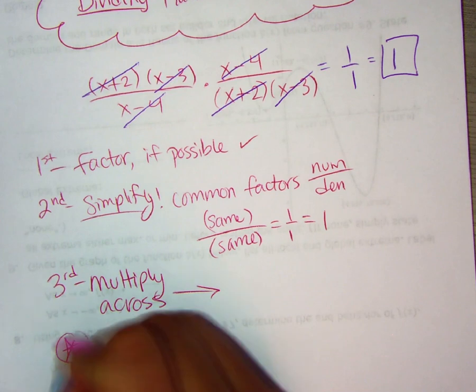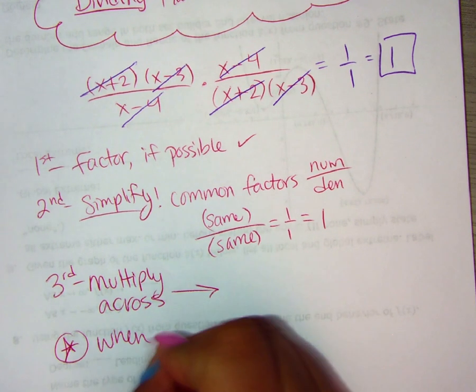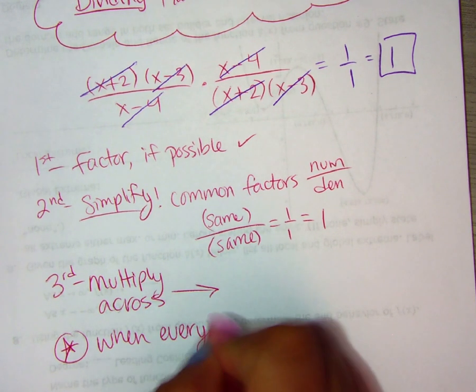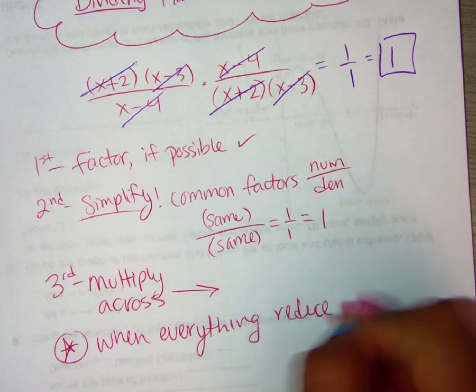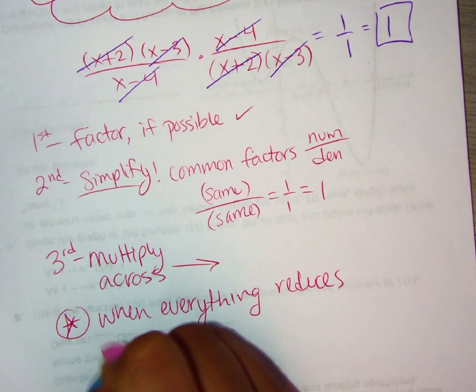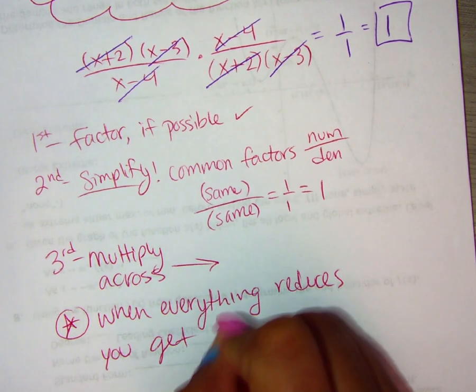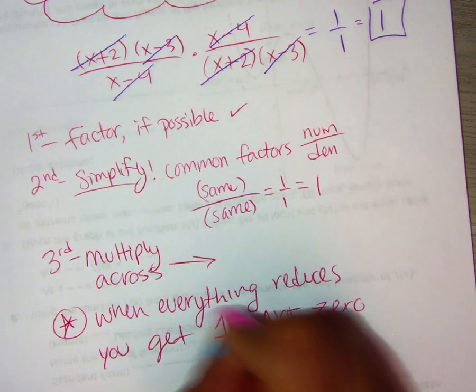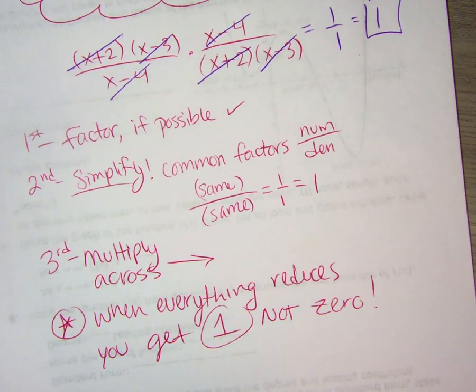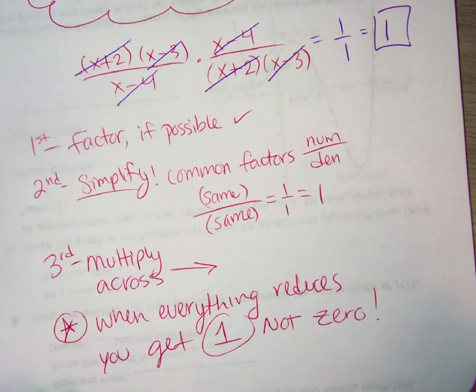So just remember that when everything reduces, you get 1, not 0. Just remember that part. All right, let's try another example.